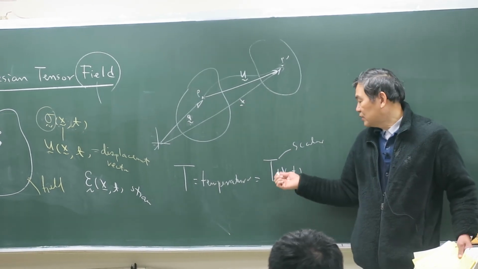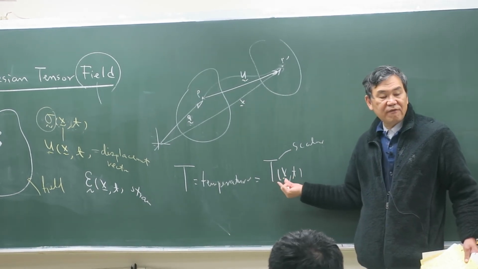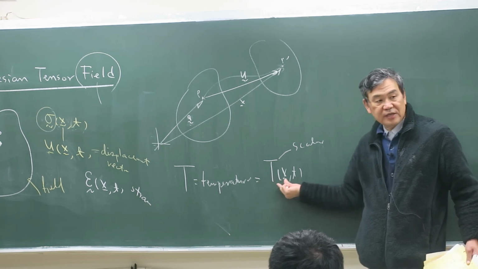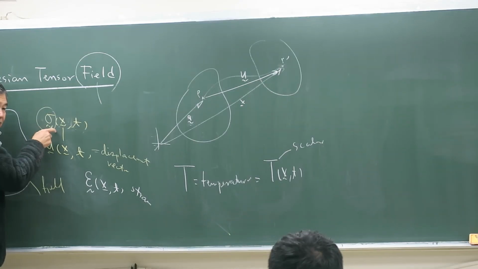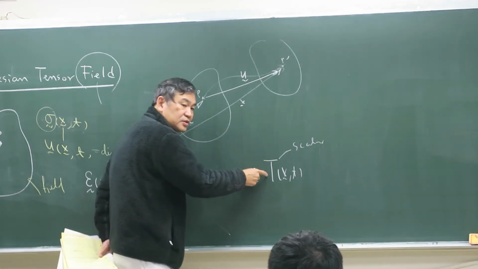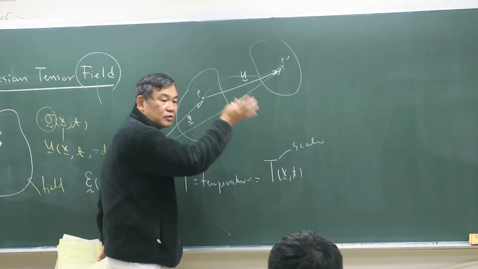Okay? So you have a scalar valued tensor field. This is a vector valued tensor field. This is a second order tensor valued field. Okay, its value is a second order tensor. Its value is a first order tensor. Its value is a zero order tensor, scalar. Okay? So this is called the field.